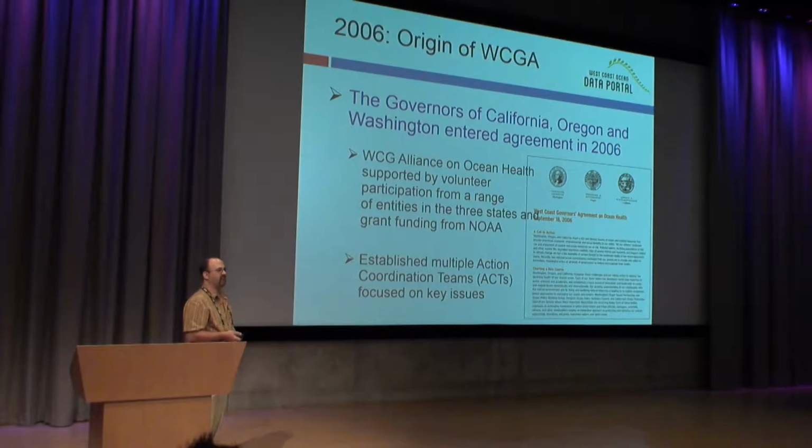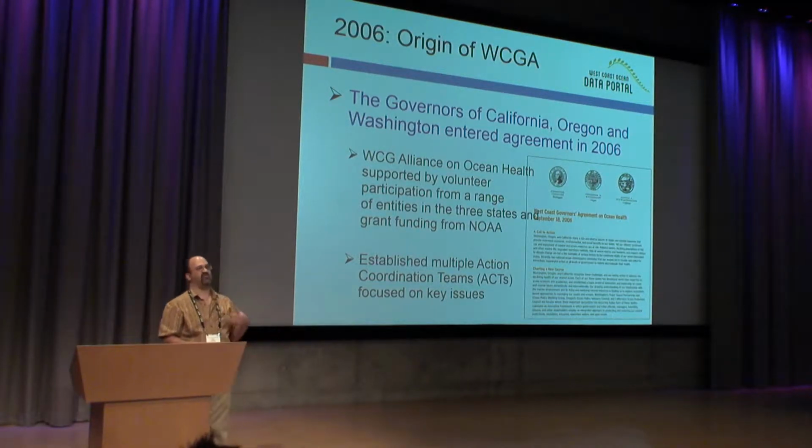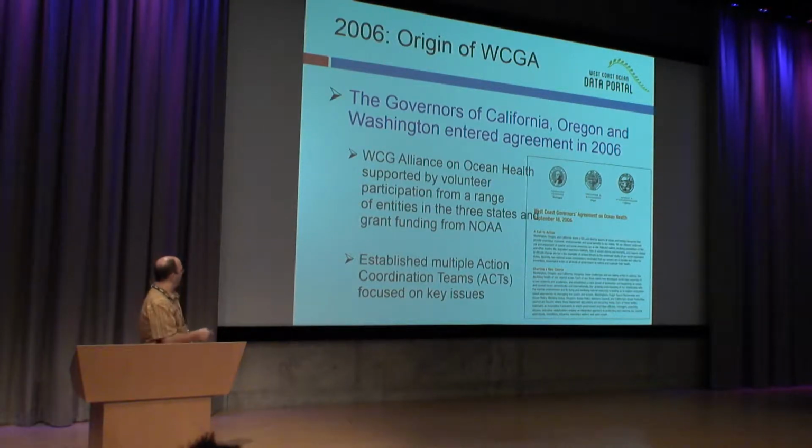Obviously, you can't read the letter, and it actually goes for several pages. Was they wanted to identify key areas of planning interest. And at the time, in 2006, they came up with 12 action coordination teams. And these teams were focused on issues like ocean acidification, marine debris, and so on and so forth, ocean energy, and so on.